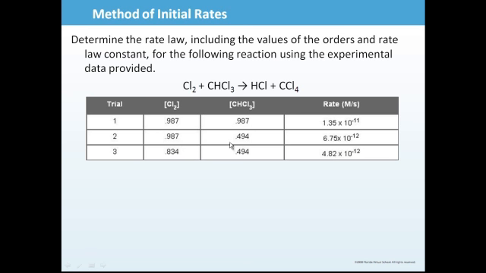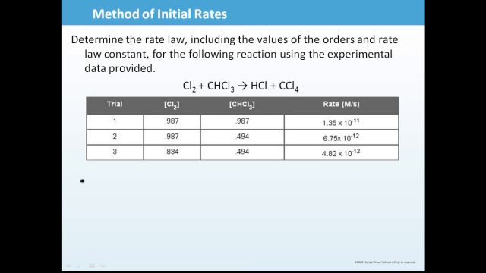So this is our control variable, the Cl2 is the one we're changing, so that's our independent variable, and the rate is again our dependent variable. What we're going to do is compare the rate law expressions for each of those trials and see what effect each concentration change has on the rate. So let's look at how that would work.